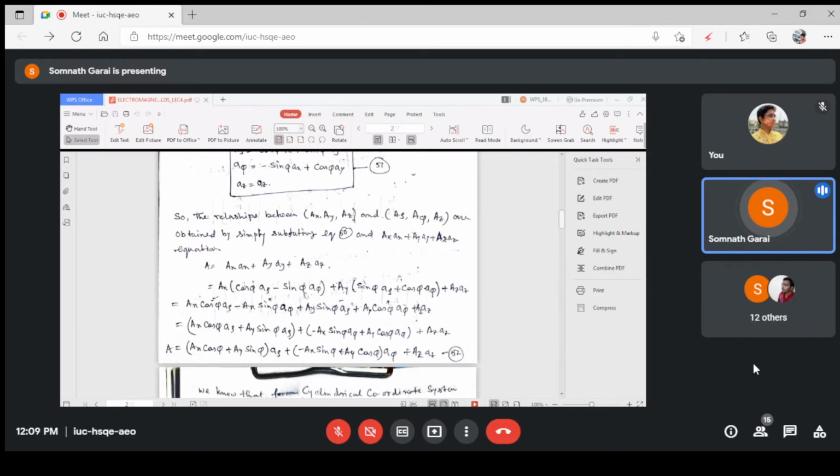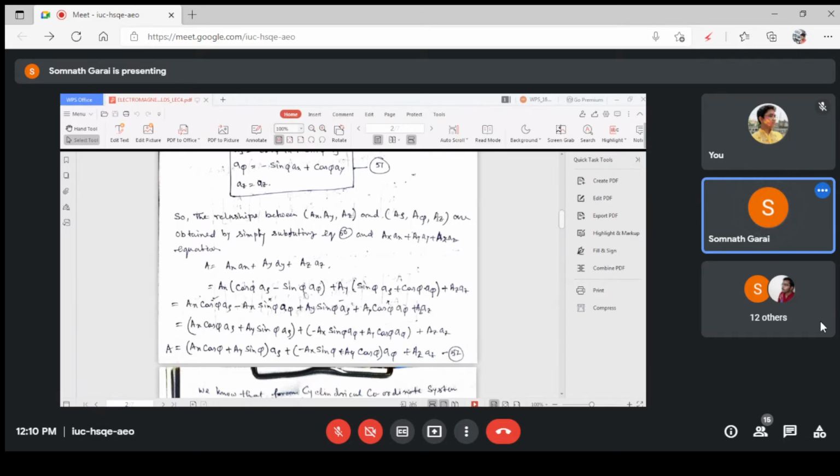The components of the cylindrical coordinate system are A rho in the rho direction, A phi in the phi direction, and AZ in the z direction, right?